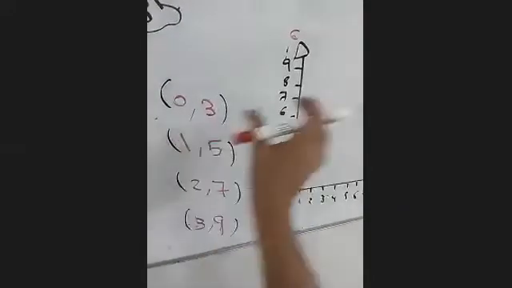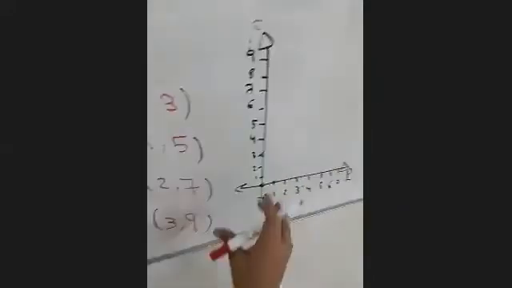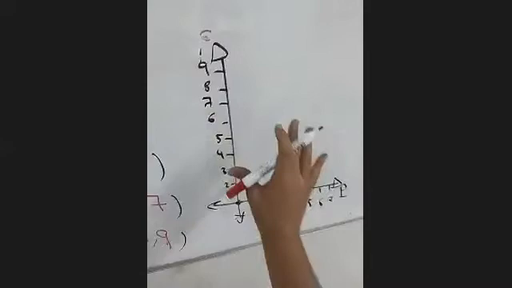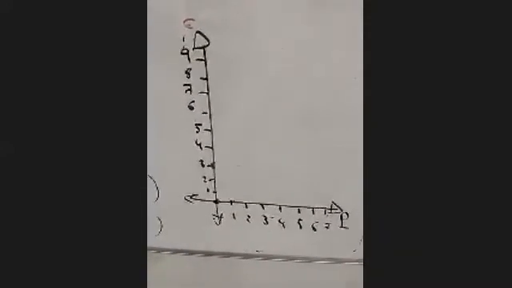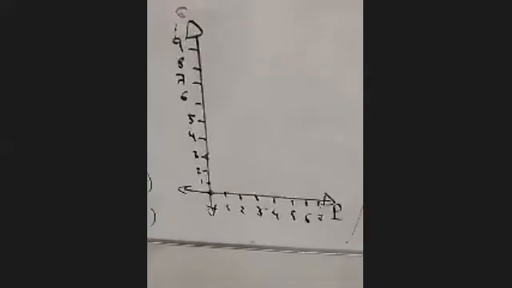Now we graph these points on the coordinate plane, and we talked about this yesterday. How do we graph 0 and 3, Ahmed? We will find 0 in P, and then we will find 3.